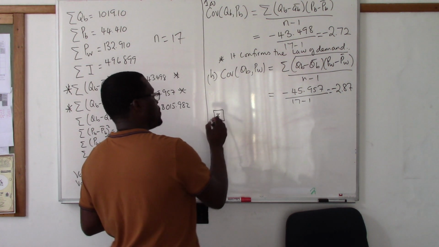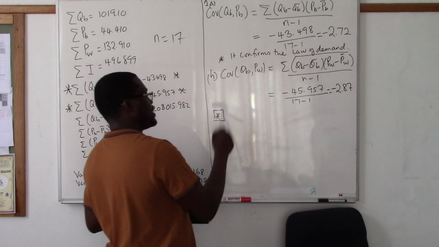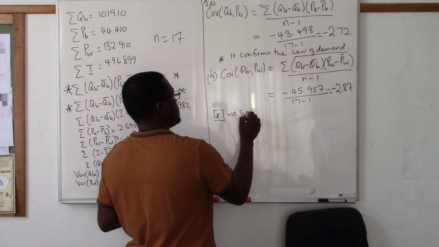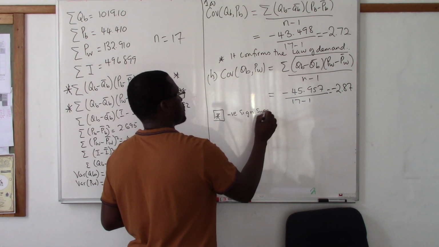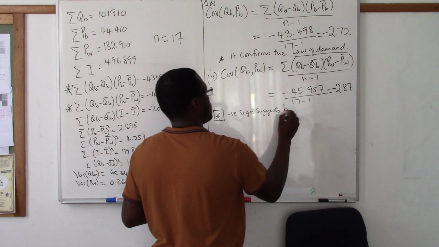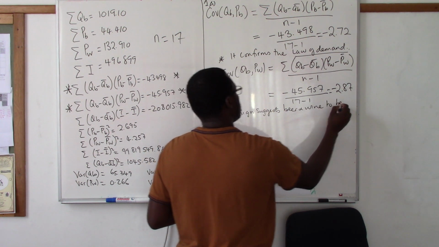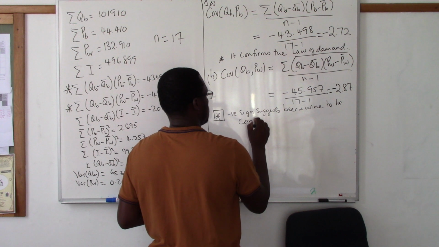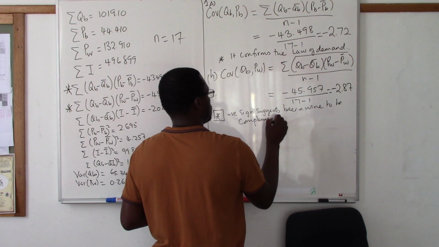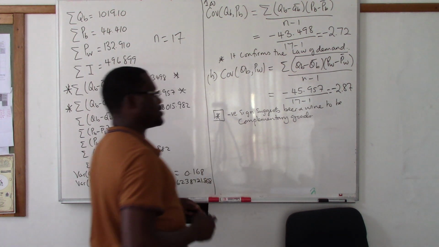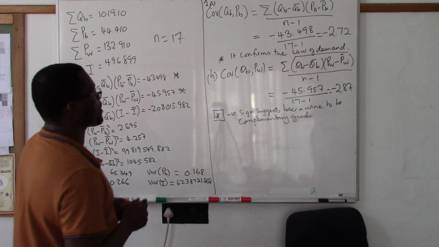Well, we wouldn't know, but the negative sign suggests beer and wine to be complementary goods. You must recall this from Economics 1.